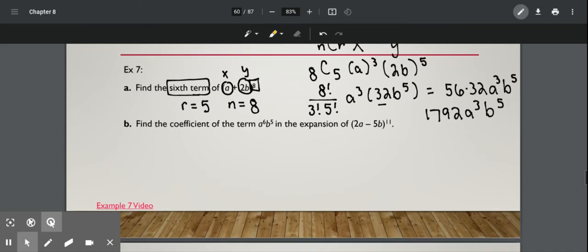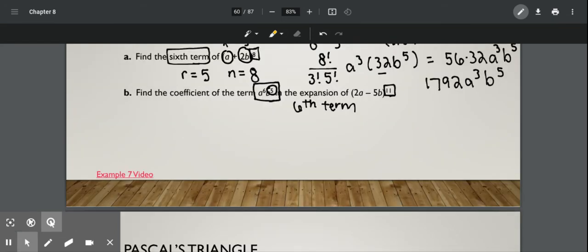So when we look at part B, they tell us to find the coefficient of the term that's a to the 6th, b to the 5th. So 6 plus 5 we know is 11. So we're looking at this one that's being raised to the 11th. And so if this r value right here is 5, we're finding the 6th term.